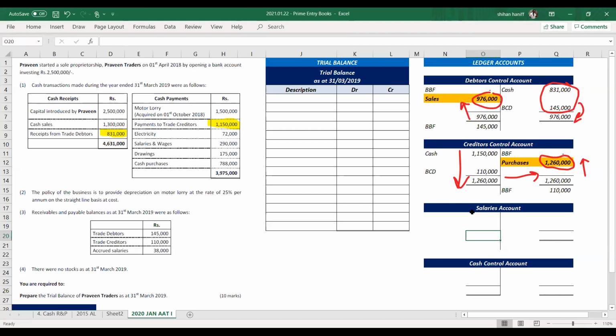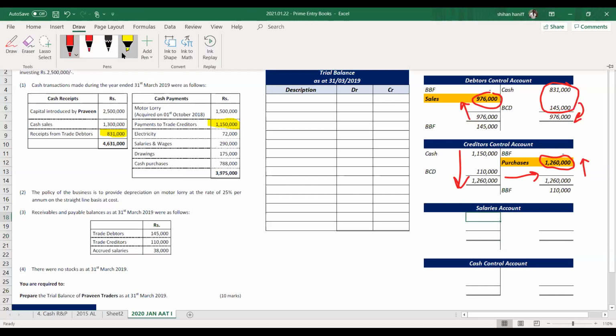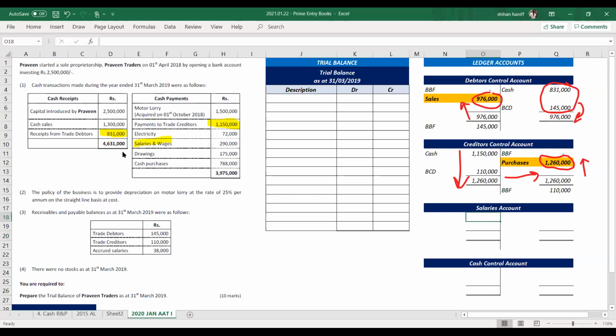In the salaries account, first let's record the salary expense paid. Salaries and wages, paid amount is 290,000.